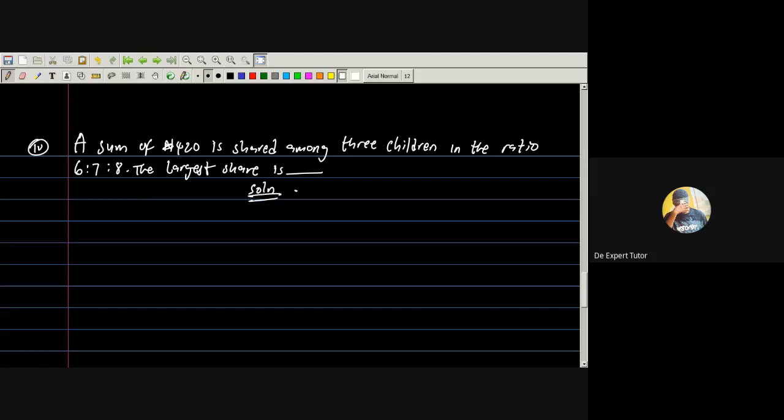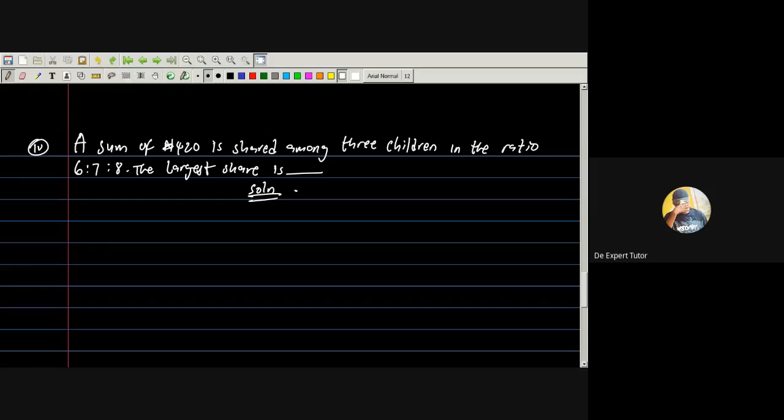So you have a total sum of money, and that sum of money is 420 naira, and you want to share it among these 3 children. So who will get the largest share?